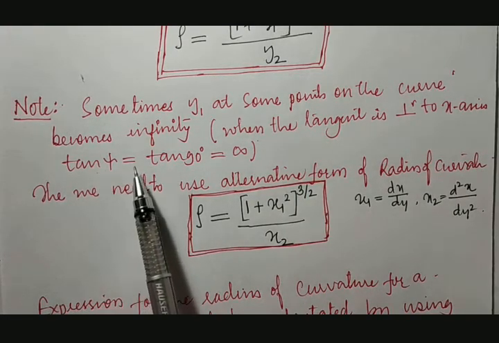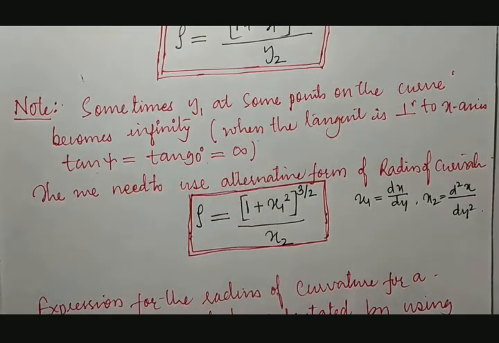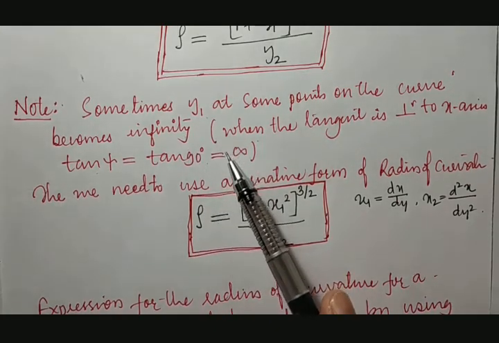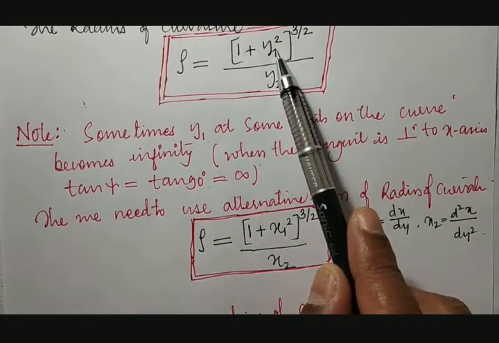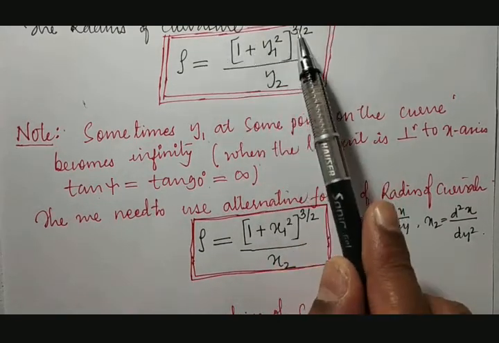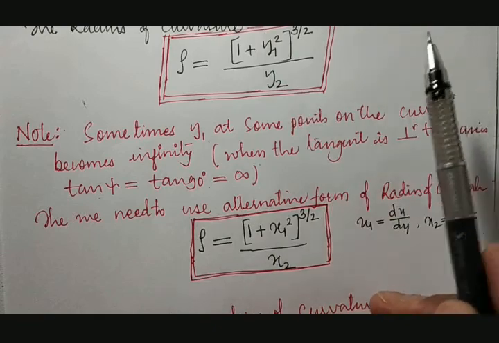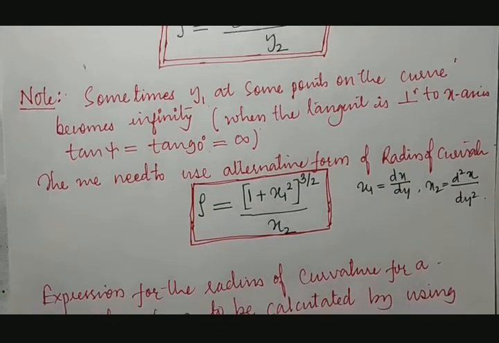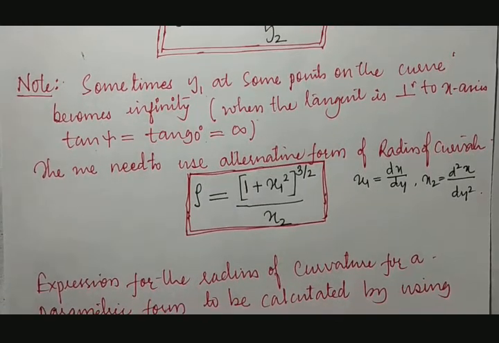That is, tan psi will be equal to tan 90, which is infinity. If y1 becomes infinity and you substitute here, 1 plus infinity divided by anything is infinity, which means your radius of curvature will be infinity. It is very difficult to calculate, but we need the radius of curvature of that one.